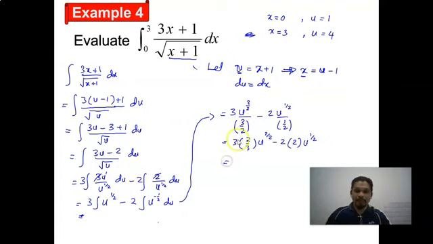Now divide, then you have 2u to the power of 3 over 2 minus 2 times 2, equals 4u to the power of 1 over 2.